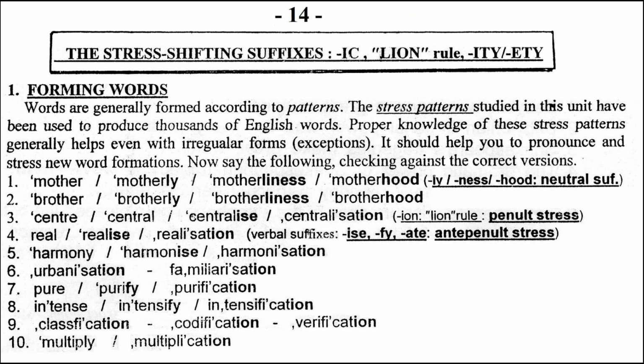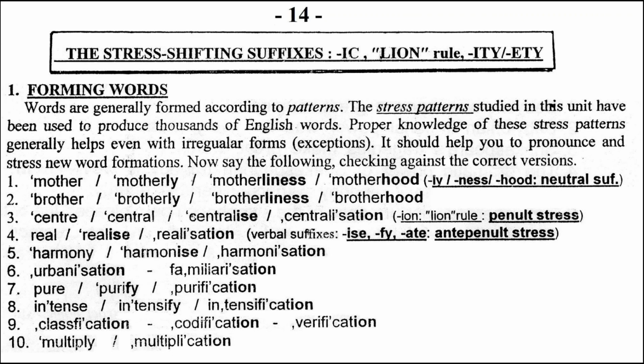Something else, the suffix ion. It is a stress shifting suffix, but it also follows what we call the line rule. It follows the line rule. What does it mean, the line rule?